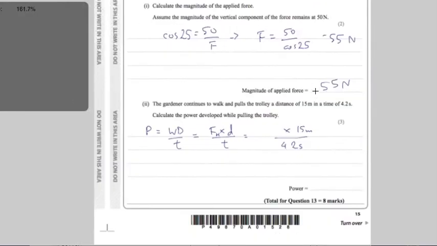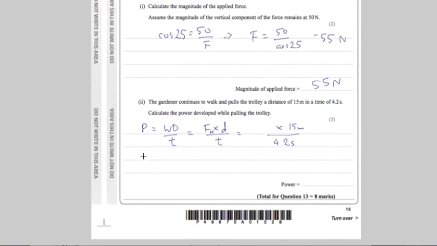That's what we're going to use. So rearranging that, FH will equal 50 times tan 25, which comes out to be 23 newtons.